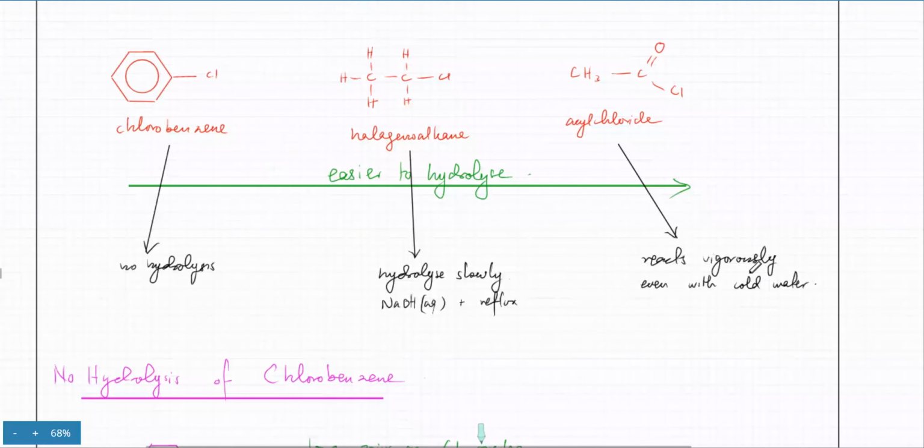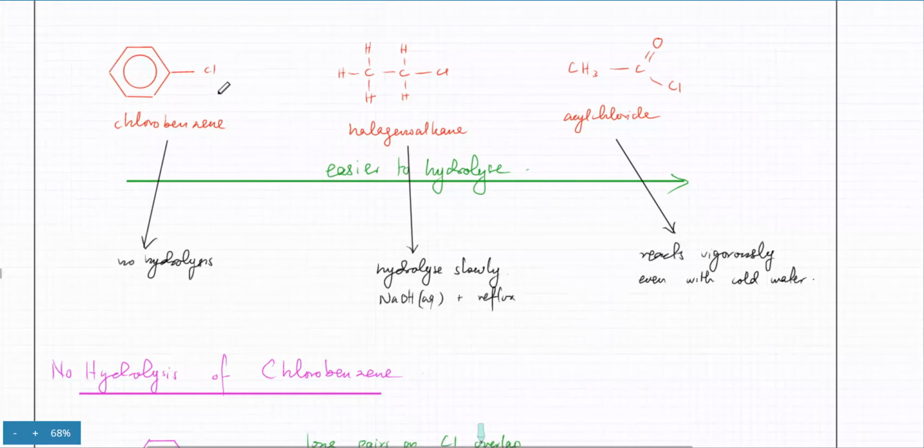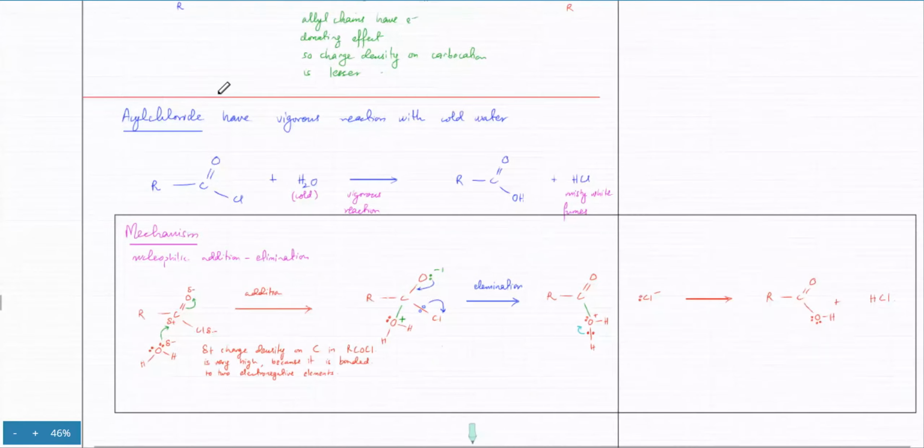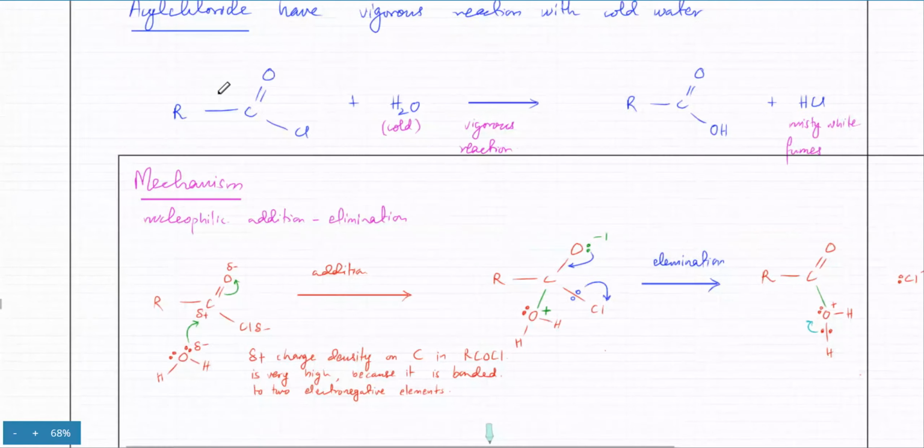It would attract water molecules. In halogenoalkanes, the positive charge was not very strong because the carbon was only attached to one Cl, and in benzene, there was no positive charge because there was an electron cloud. And Cl, although it has an electron withdrawing effect, there were too many electrons over here, including Cl's lone pairs.